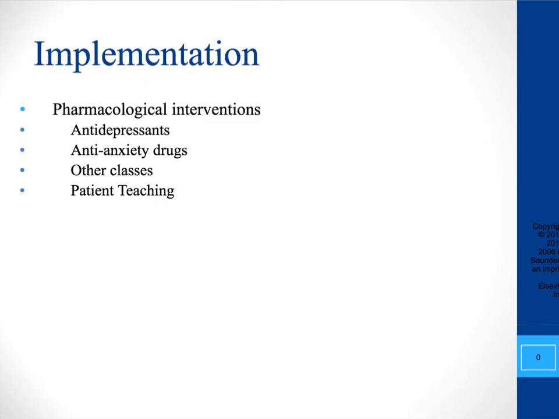Looking back at your antidepressants, these are your SSRIs, and again, they are always the first line of medications that we like to give for anxieties and OCDs. This is your Paxil, Lexapro, Zoloft, and Prozac.